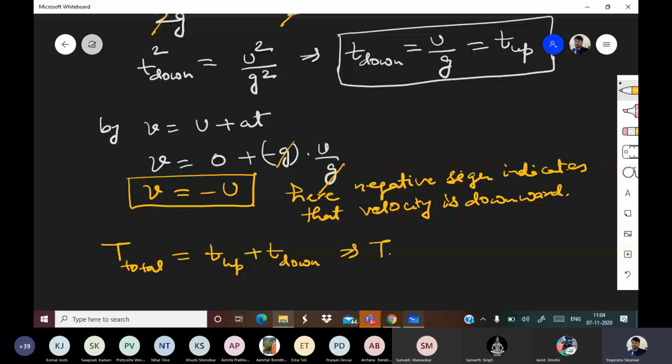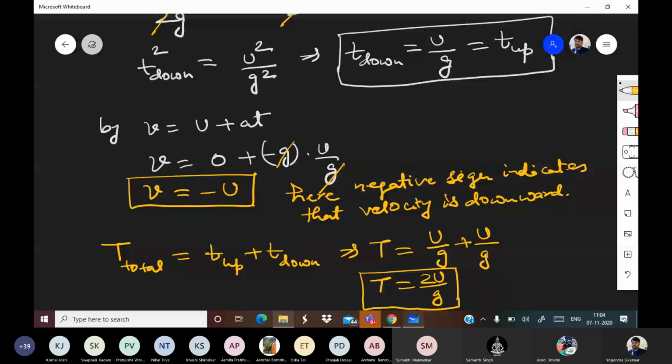So that will give us t is equal to u by g plus u by g, and that comes out to be 2u by g. So that is the value of time. Please note everyone quickly.